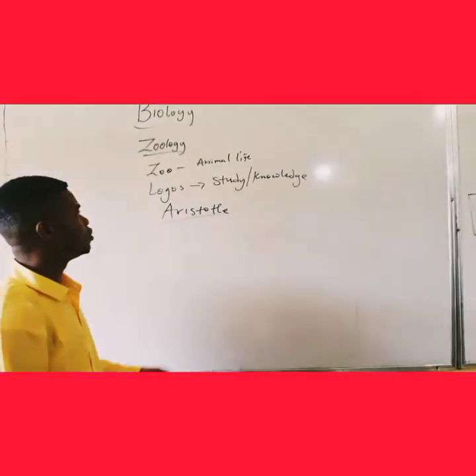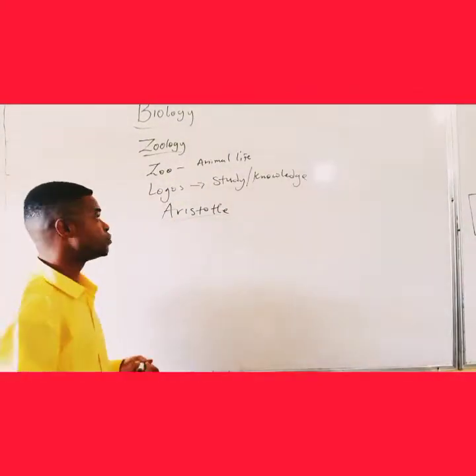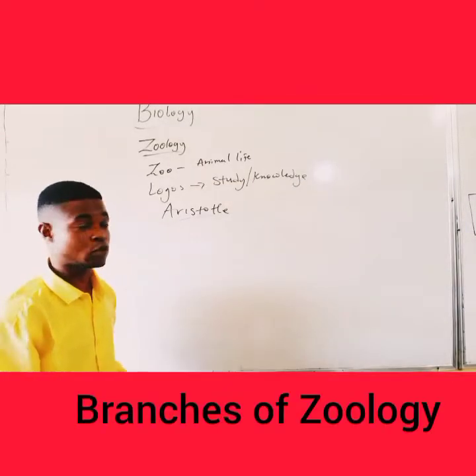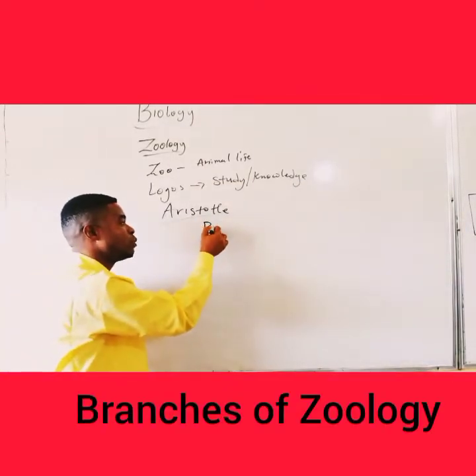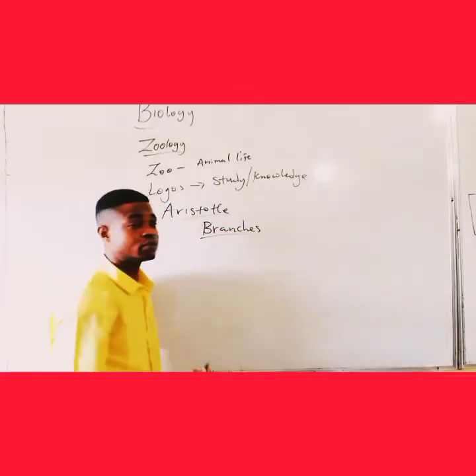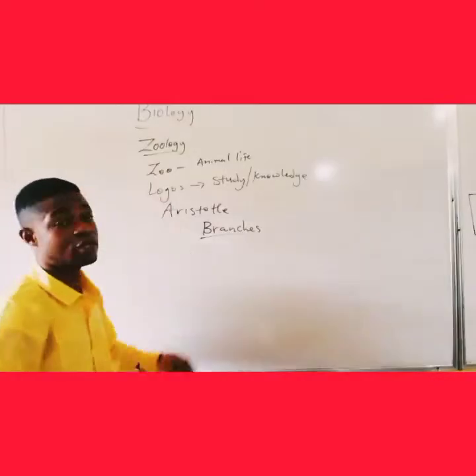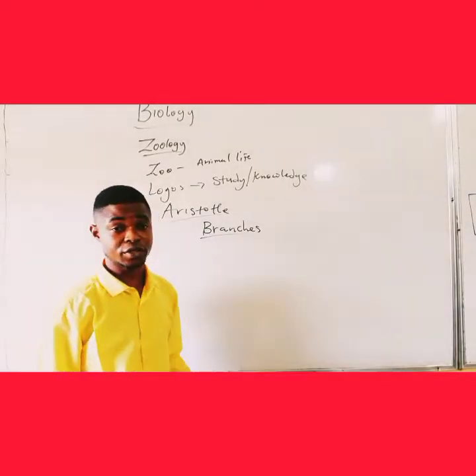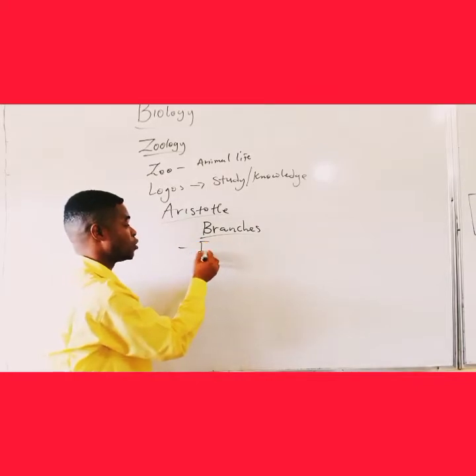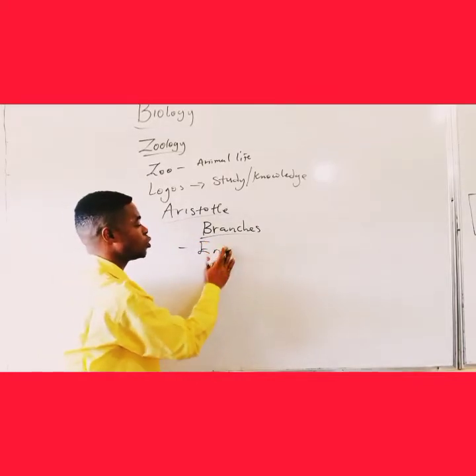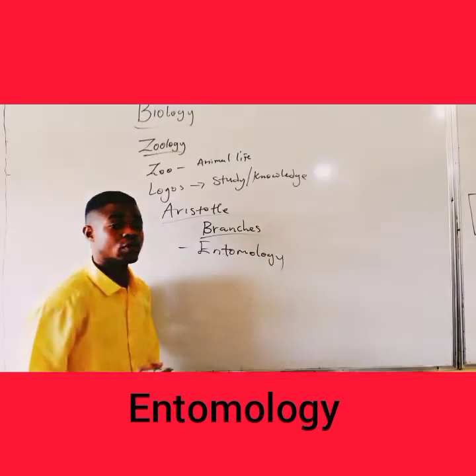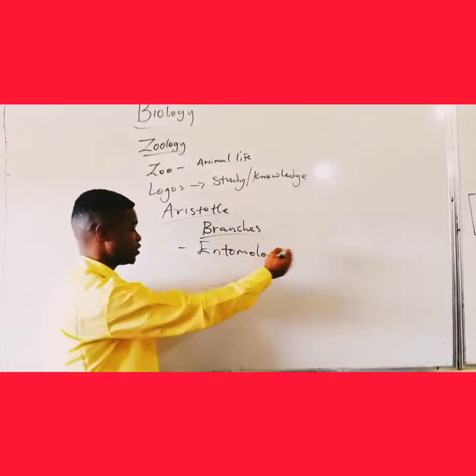Having known the meaning of zoology, it will interest you to know some of the branches of zoology. Zoology as a discipline is subdivided into numerous branches. We have entomology, which is the study of insects.